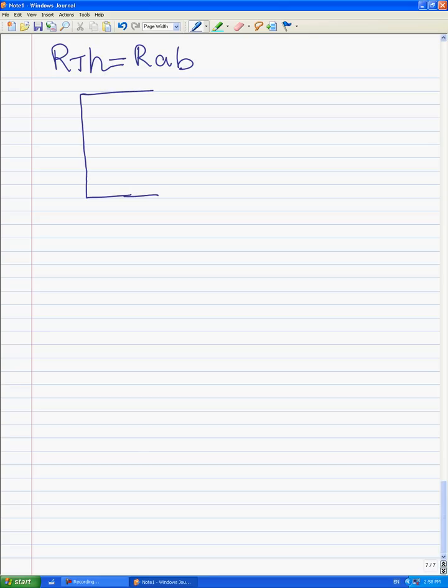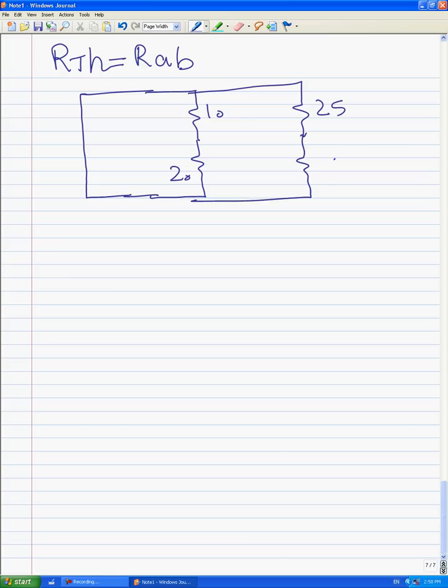Here we have a short circuit instead of 60 volts, and here we have 10, here we have 20, and here we have 25, and here we have 5. And we are calculating equivalent resistance here.